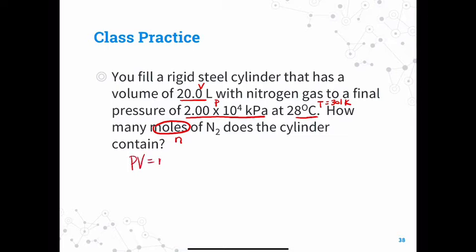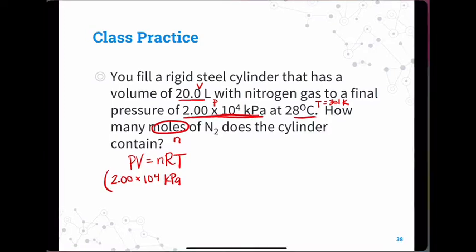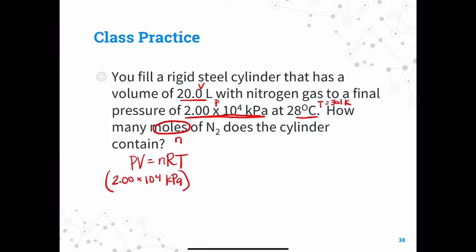So we'll write our equation, PV equals nRT. And I'm going to plug in all the numbers that I have. Okay, the first number that I have, the P, is 2 times 10 to the 4th kPa. Okay, the V is 20 liters. The n is what I'm trying to find, so I'm going to leave that as n.